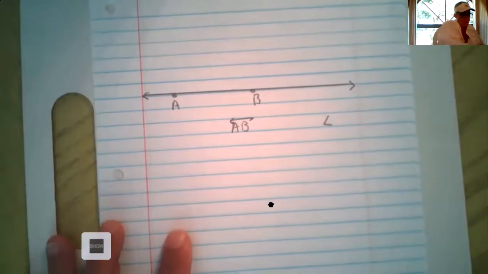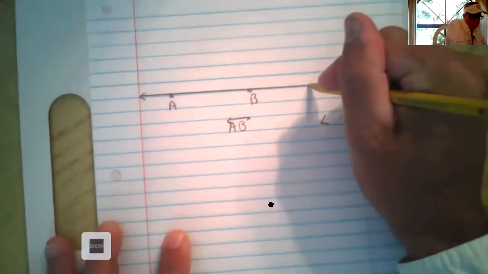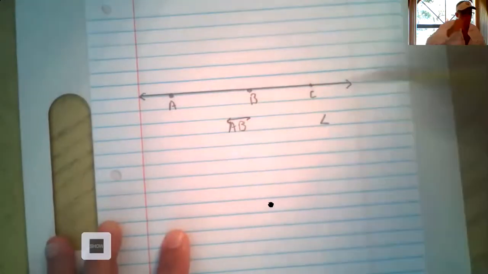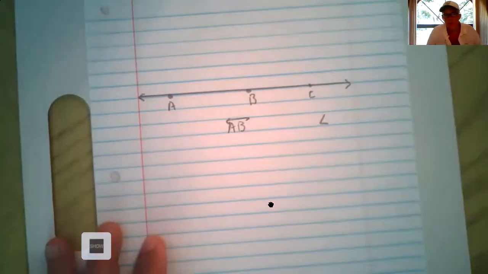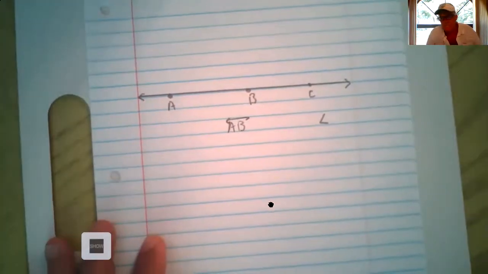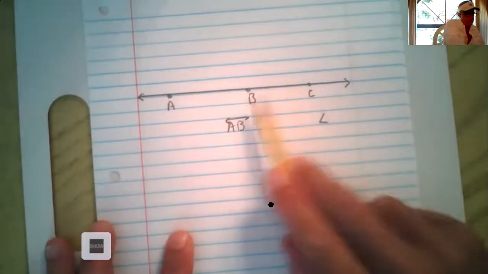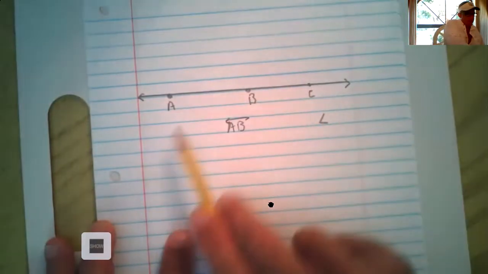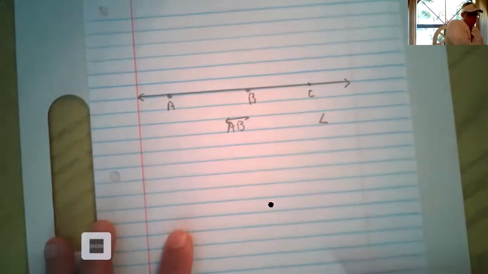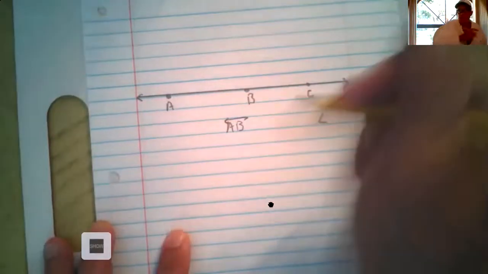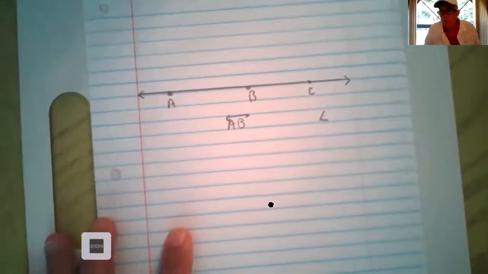Now what if I said there's another point on here called C. Could that line be called BC? Or could it be called AC? The answer is yes. These are points on the same line.